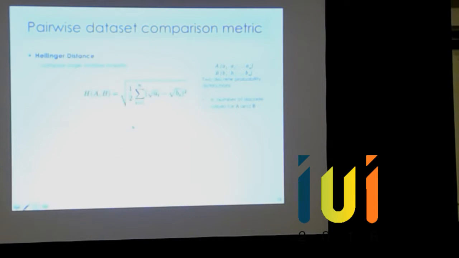And then we define another multivariate metric, which is noted as delta here. Delta is a metric used to compute the weighted average Hellinger distance across all the dimensions in the datasets. In this formula, Vij and Vik are two probability distributions for the ith variable in the datasets dj and dk. Wi is a weight assigned to the ith variable.